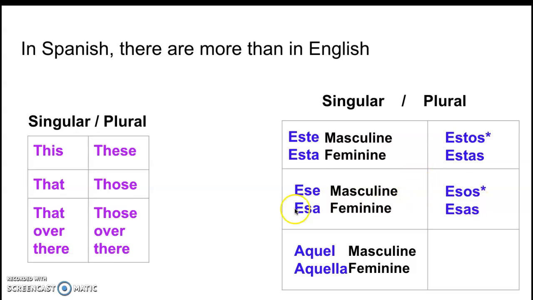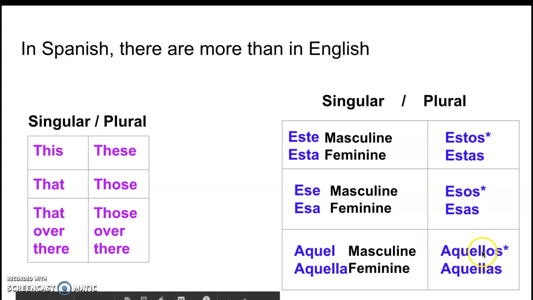Esos, again, watch that spelling change. It's not eses. Esos, masculine plural. Esas, feminine plural. And then, spelling change again in the masculine form. Aquellos, you just add an L-O-S for masculine plural for those over there. And aquellas for feminine, those over there. It might be a good idea to copy down this chart in your notes.